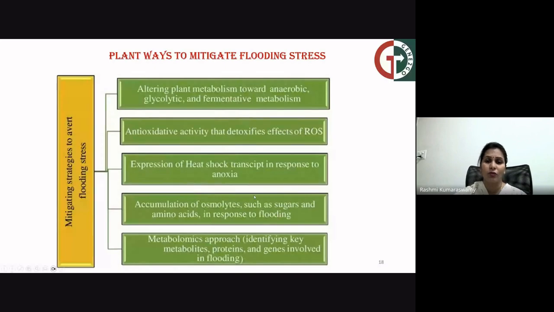There will be accumulation of osmolytes, such as sugars and amino acids, which play a major role during flooding conditions. And apart from this, we can implement the approach called metabolomics to improve the crop, particularly for flooding stress, by identifying the key regulatory genes in the flooding stress condition.